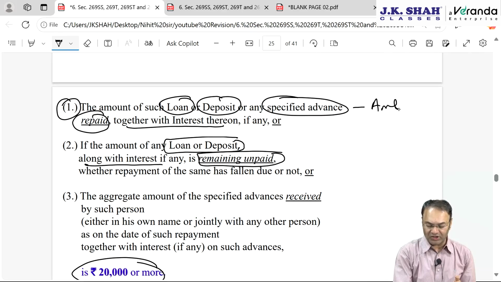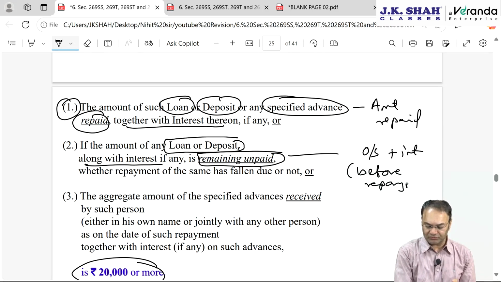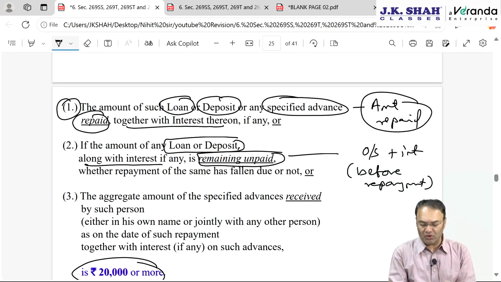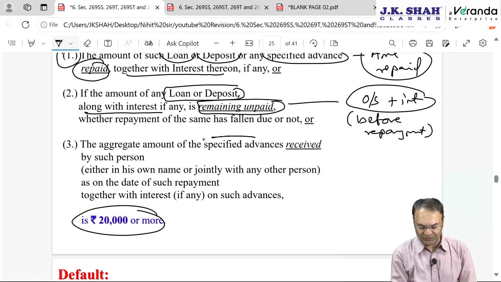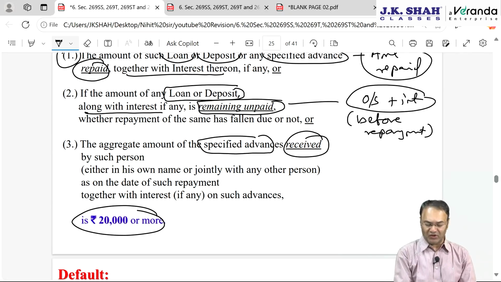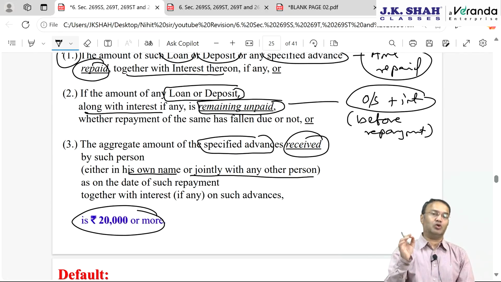Loan or deposit remaining unpaid, that means outstanding along with interest. Amount repaid is 20,000 or more. Second, outstanding along with interest before repayment is 20,000 or more. Or as far as specified advances are concerned, whatever amount is received till now, whether received in the assessee's own name or jointly with any other person, the total amount received till now is 20,000 or more.